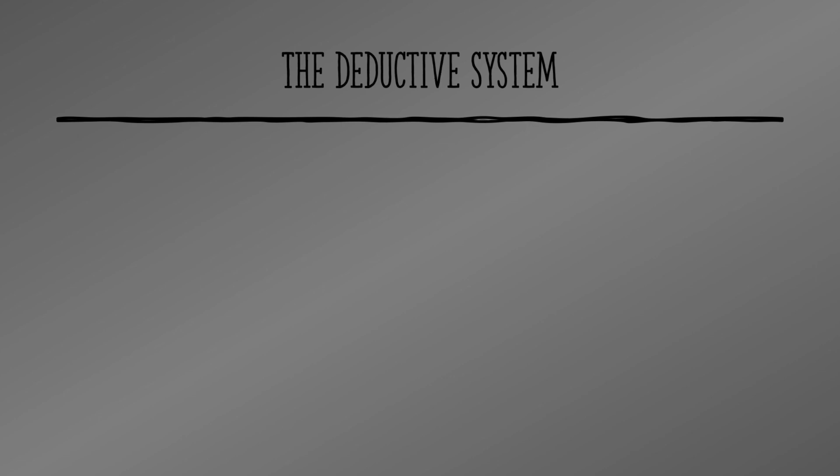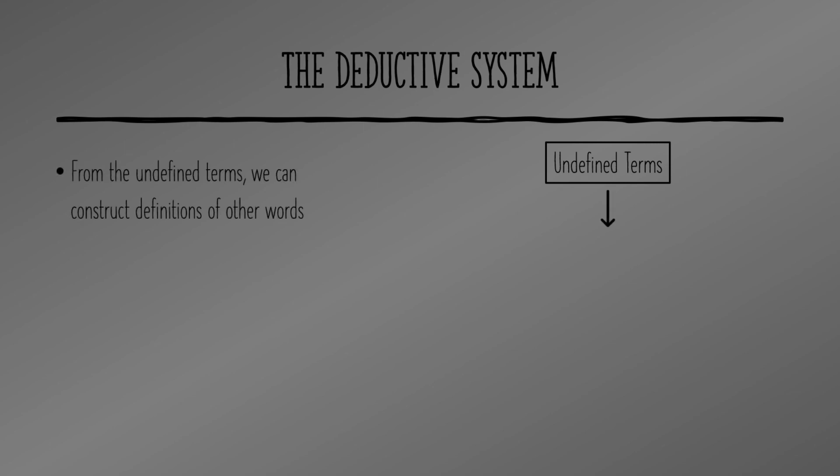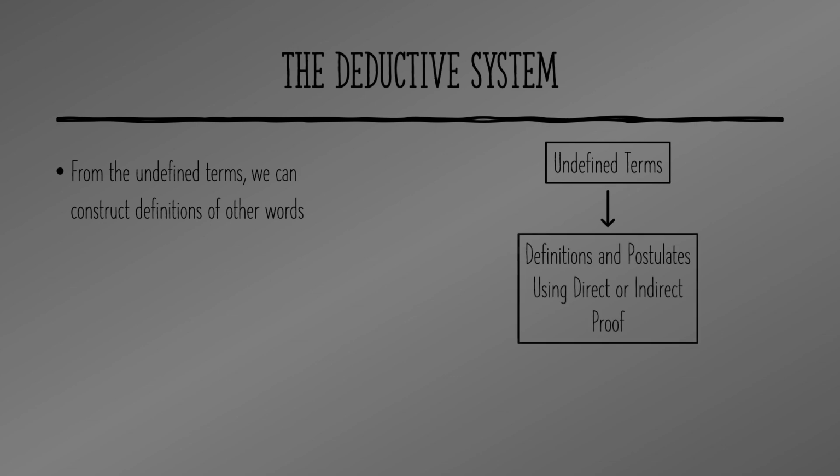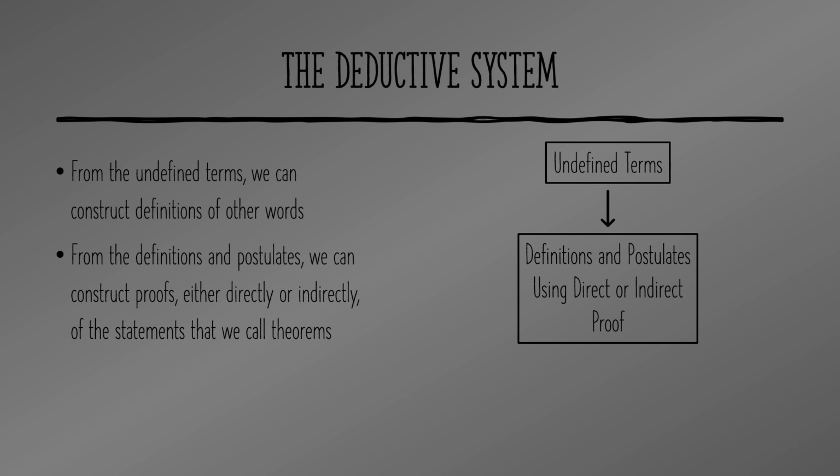But let's go ahead and review now how this entire deductive system works, because really all of these lessons are starting to culminate with this final idea of a deductive system. So we've discussed undefined terms, which really lead us to construct definitions of all other words in geometry. Using our undefined terms, not only do we have definitions, but we can also write postulates using direct or indirect proof.